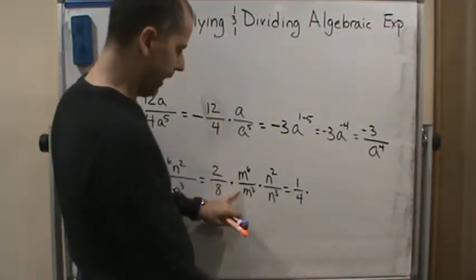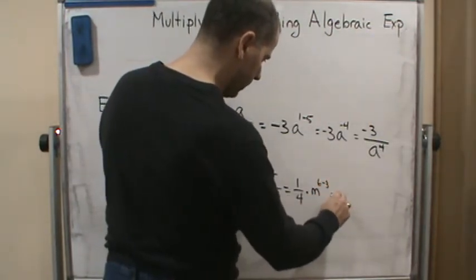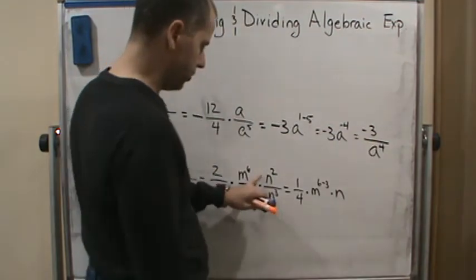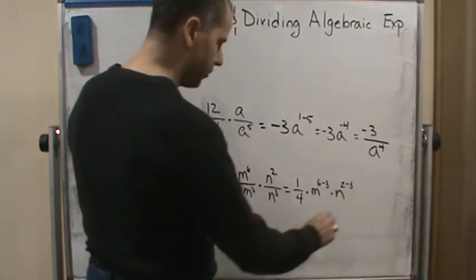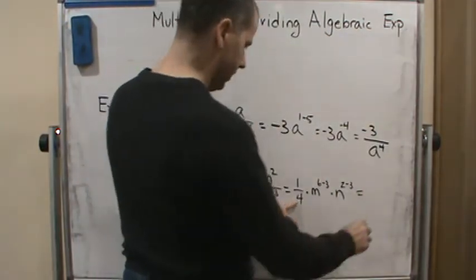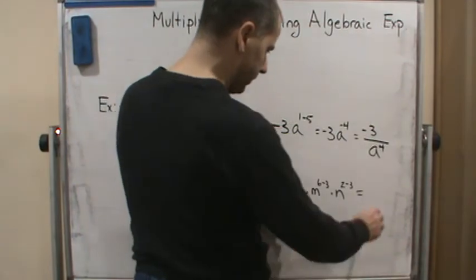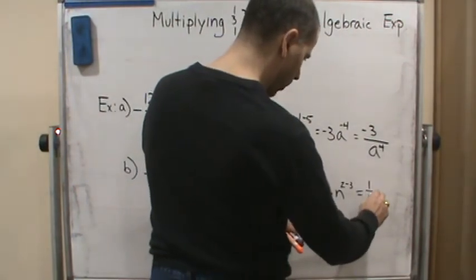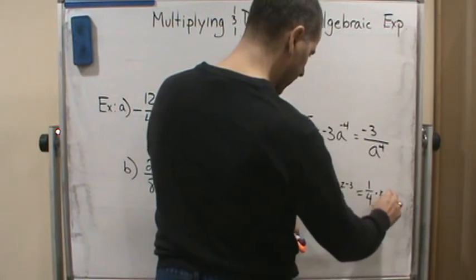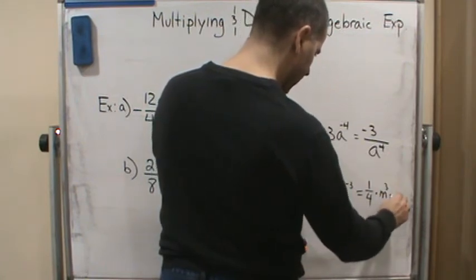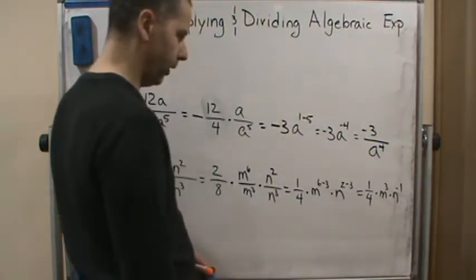times m to the 6 minus 3 power times n to the 2 minus 3 power. If I simplify this and put it as one fraction, this is going to give me 1/4 times m to the third times n to the negative first power.